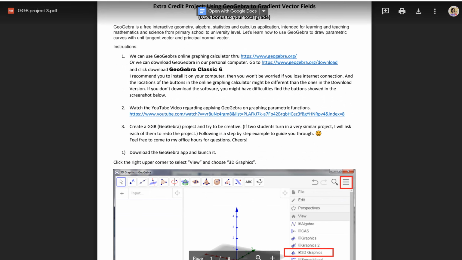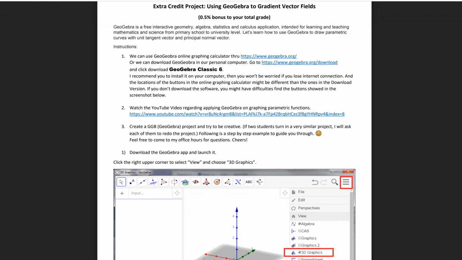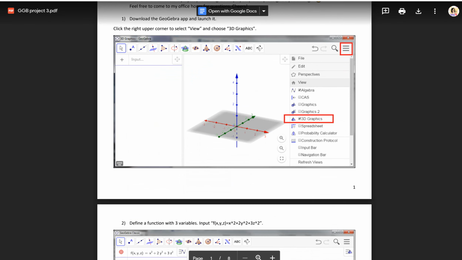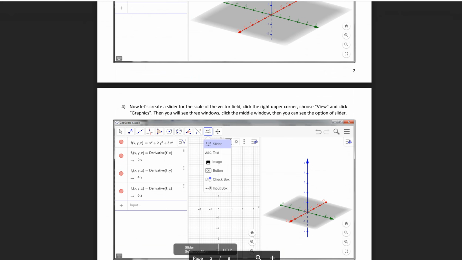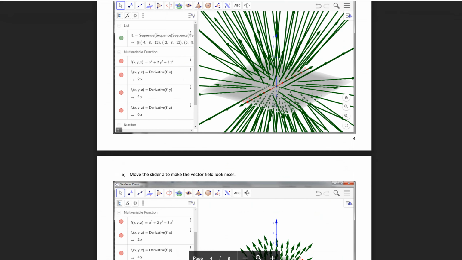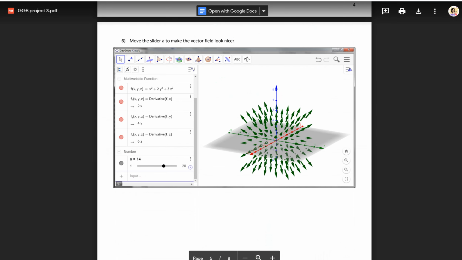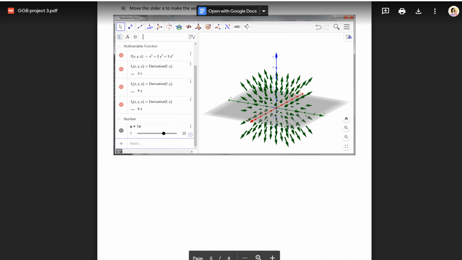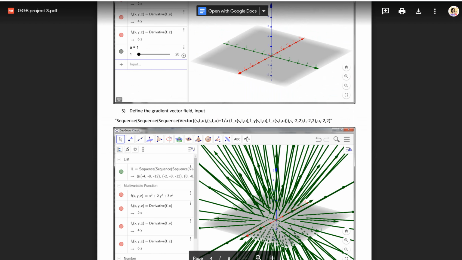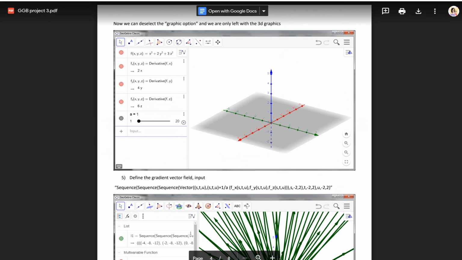I created this video to teach you how to graph the vector fields. I also give you a step-by-step screenshot. So after you look at the video, you don't need to take the screenshot. You can go to the notes after you understand it, look at this step-by-step, and then input your function. So please make a different function. Don't make the same one. Also try to be creative.